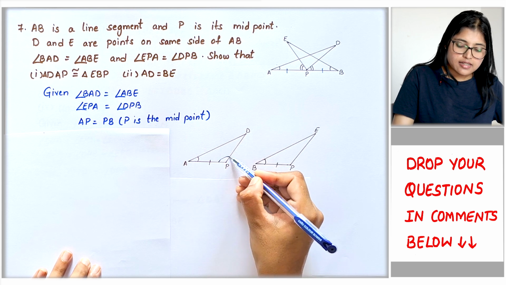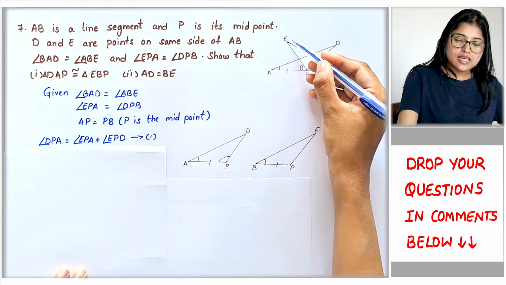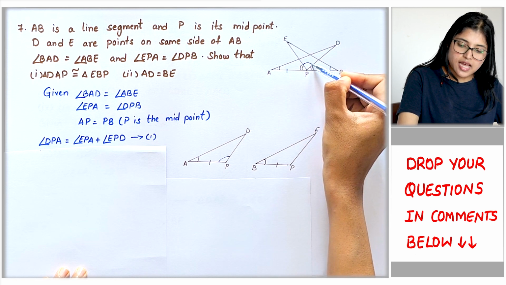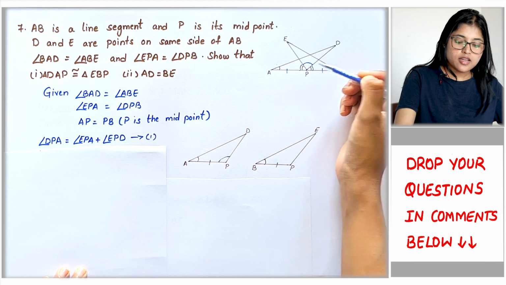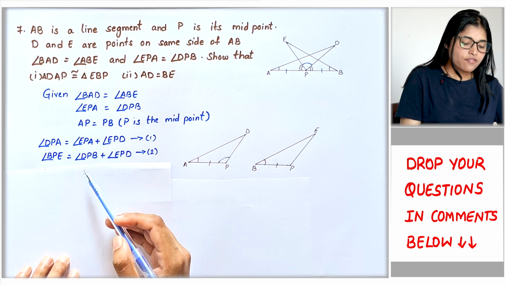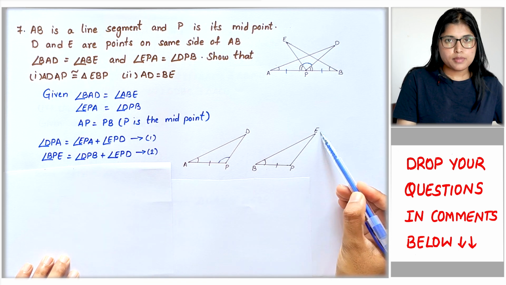So this angle I can write as DPA equals EPA plus DPE. So all I have to do is add this angle to this angle in order to get the whole one. Similarly, for the other triangle, I have to add EPD to DPB in order to get the whole angle BPE.